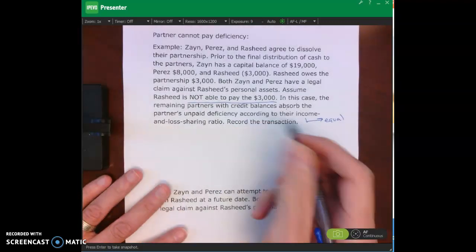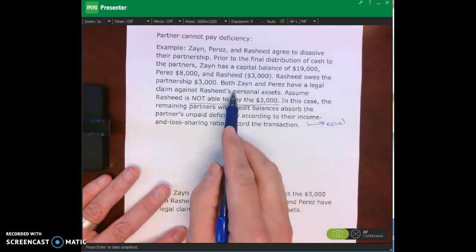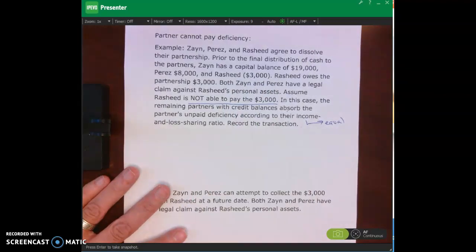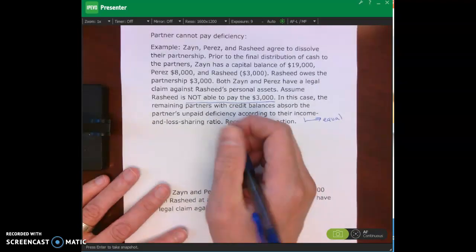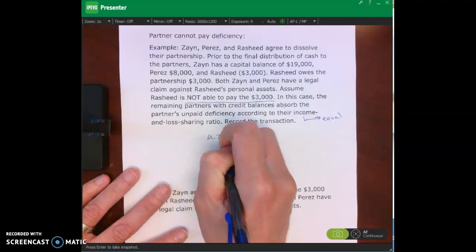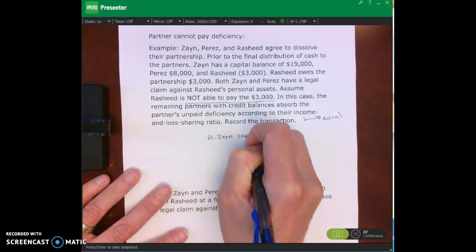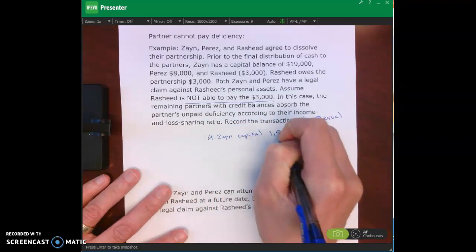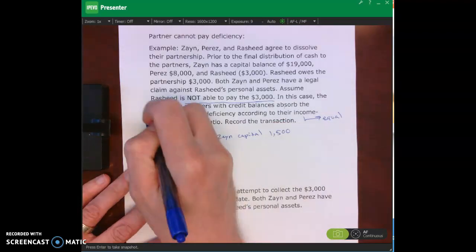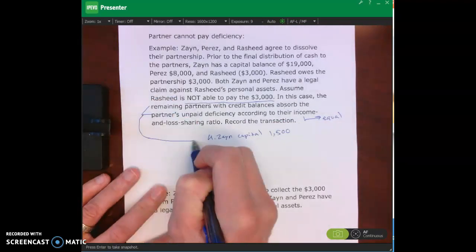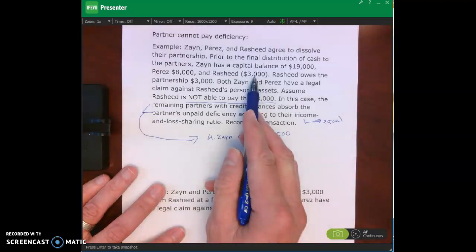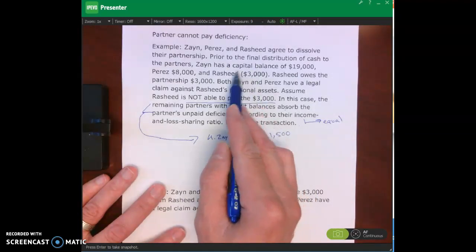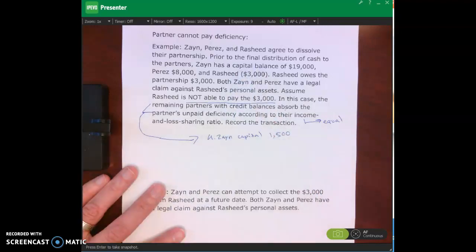So let's look at that situation. The first thing that we have to do is decrease Zon and Perez's capital balance because of this right over here. Okay, so we're going to debit Zon capital for 1,500, and this journal entry reflects this sentence, where they're going to absorb, or in this case decrease, their capital balances for Rashid's. Well, see, the problem is we can't close out Rashid's capital balance because it's got a debit balance.